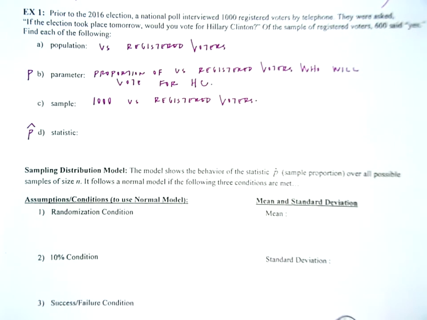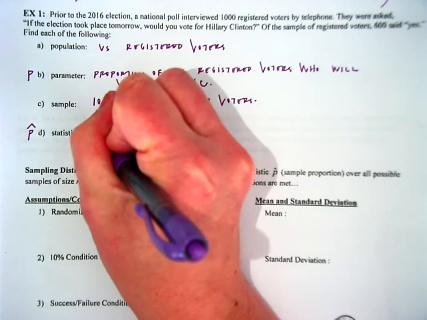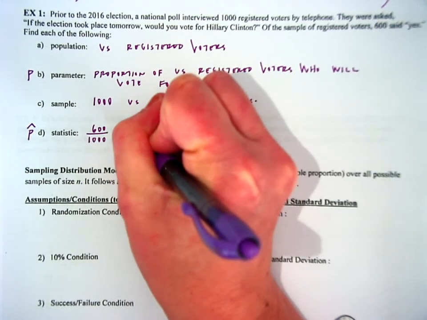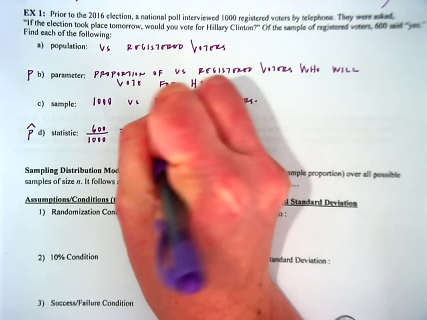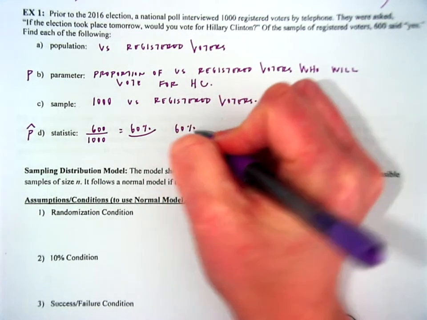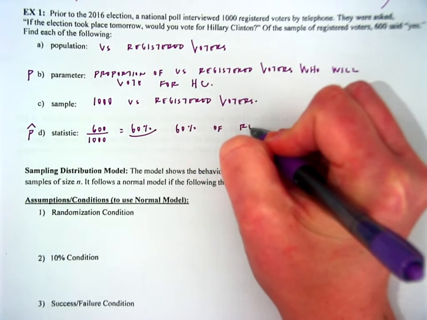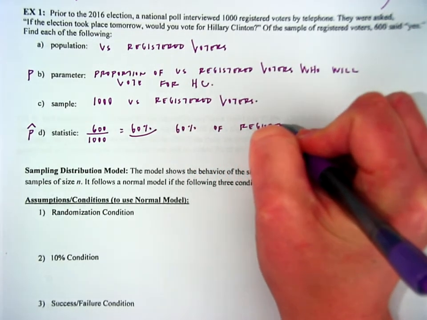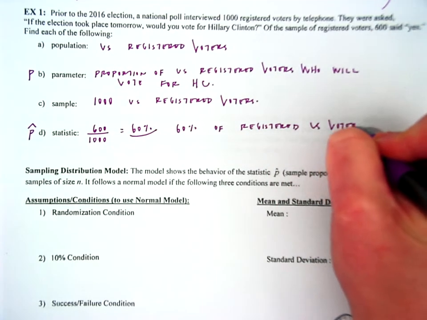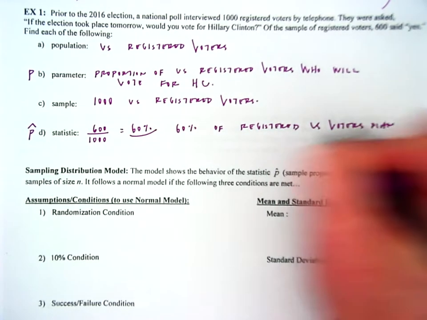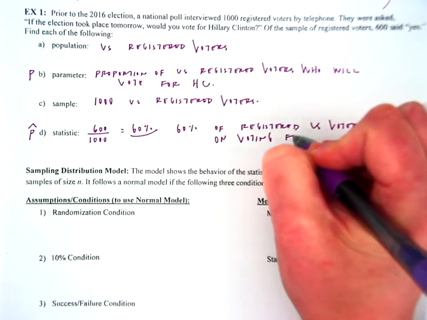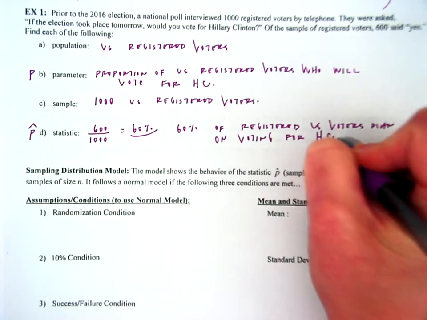So 60% of registered voters plan on voting for Hillary. During election time, we hear all sorts of information about predictions about who's going to win, what's the margin of error. So here is a nice place just to show you some real-world application.